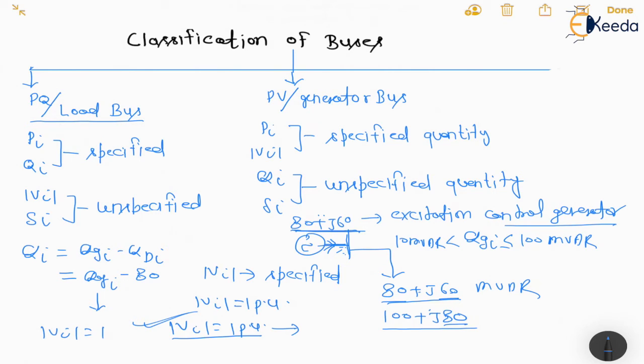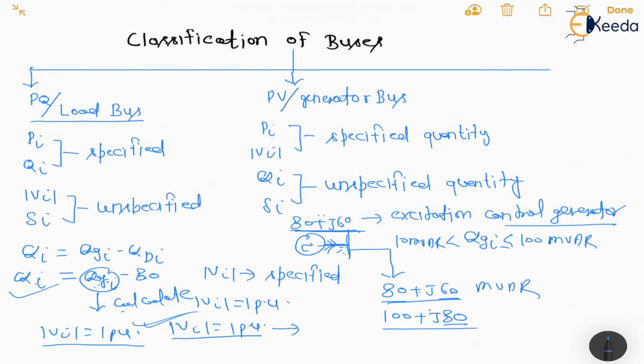QGi we need to calculate for V to be equal to 1 pu. For Qi to be specified, both quantities should be specified, but here QGi is not specified, meaning it has to be calculated so the voltage becomes 1 pu. So QGi we have to calculate, so Qi will become unspecified.